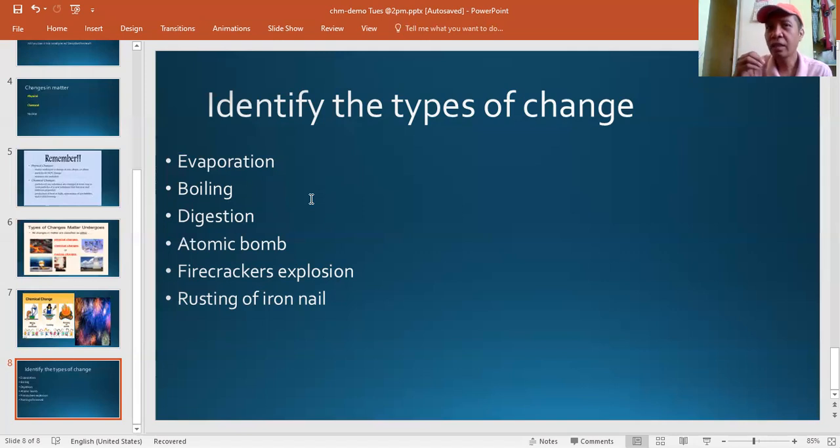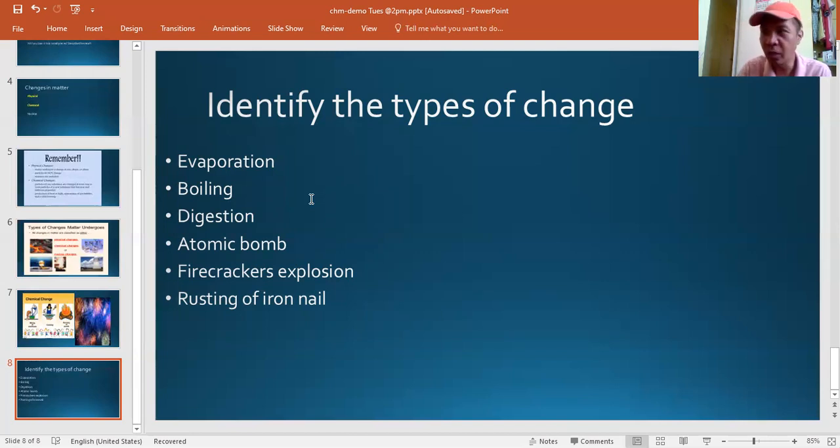If you eat, from the mouth going down, but before it goes down, there is a reaction between the saliva and the molecules, the large particles of the food you take in. And it goes down to your esophagus and to the stomach. What does it mean? There is a chemical change.